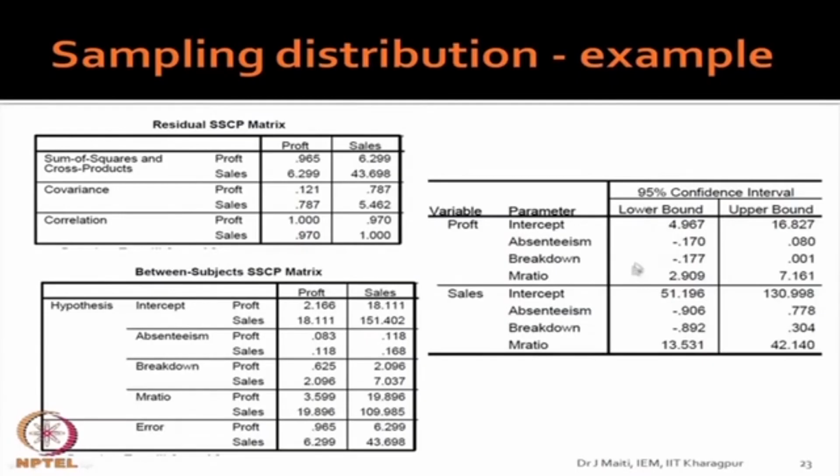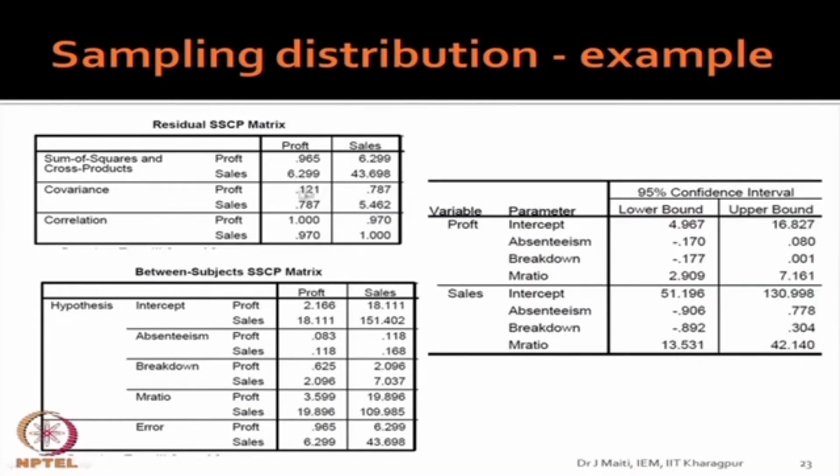You see this figure, the lower and upper bounds of the 95% confidence interval are given. And you see the SSCP matrix, which I mentioned. This is the first for profit, that is the SSCP value, and this one is for sales, the diagonal elements.